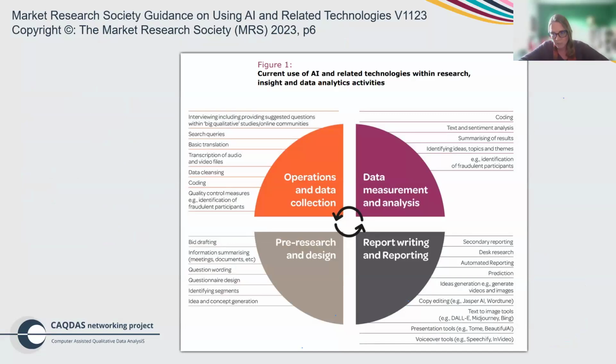So this is not specific to qualitative research, but to research more generally. And you can see here, though, that there are lots of tasks like coding, sentiment analysis, and so on, that are relevant to our focus of qualitative research. So these kinds of capabilities are being used for all kinds of different purposes already.